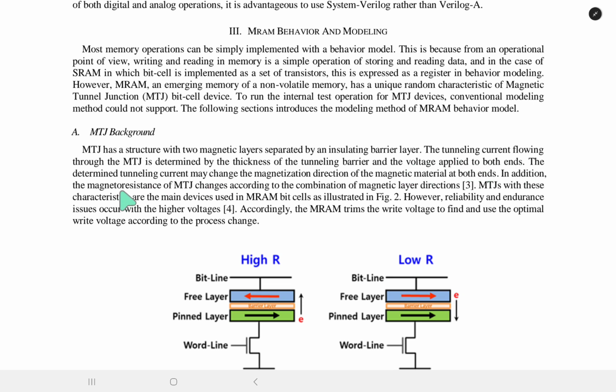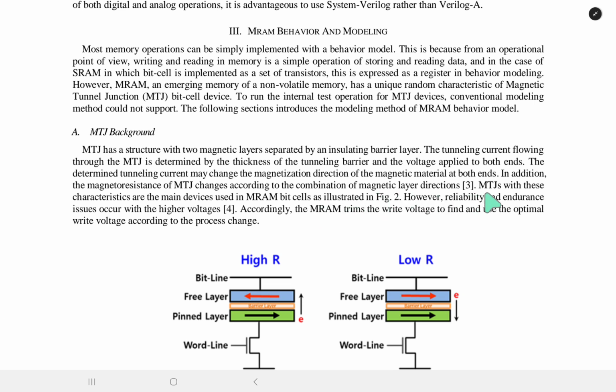The determined tunneling current may change the magnetization direction of the magnetic material at both ends. In addition, the magnetoresistance of the MTJ changes according to the combination of magnetic layer directions. So MTJs with these characteristics are the main devices used in MRAM, which are illustrated in Figure 2.